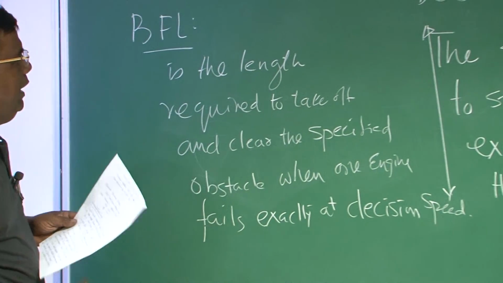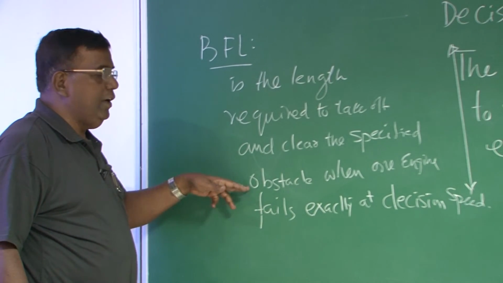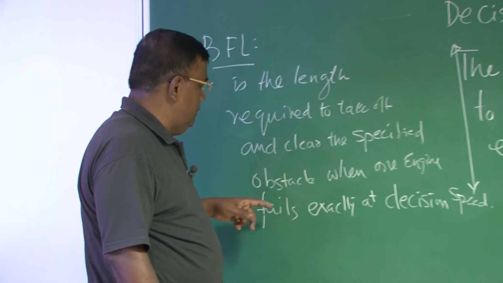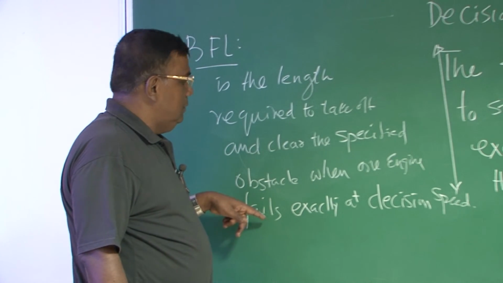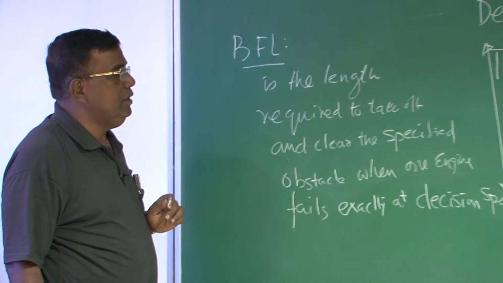Right? Balance field length is the length required to take off and clear a specified obstacle, that is 50 feet or 35 feet, with one engine operative exactly at decision speed. So this is the balance field length definition.